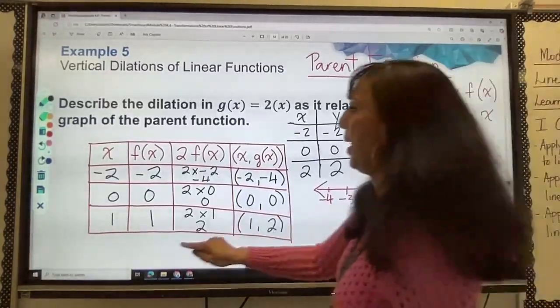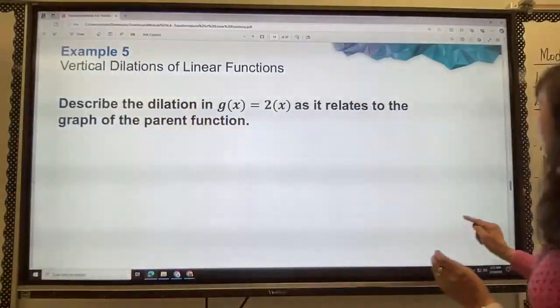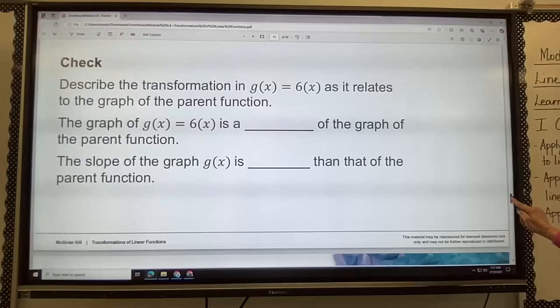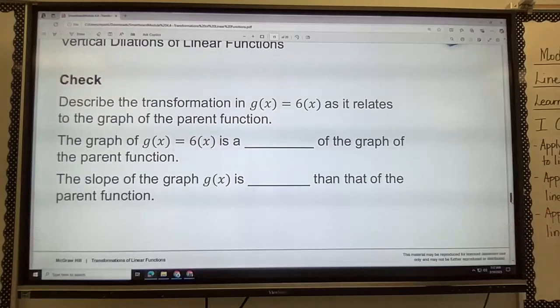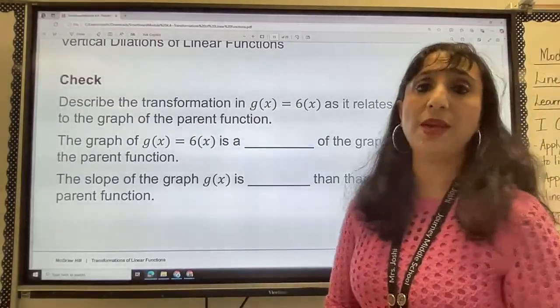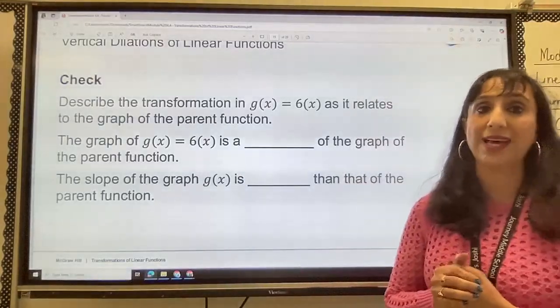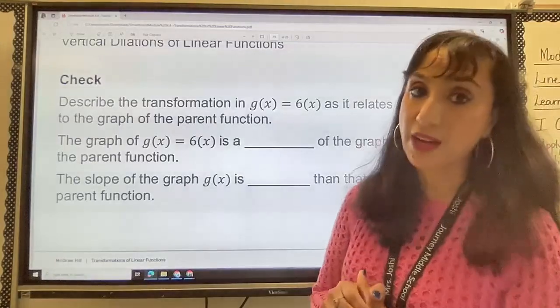All right, so now let's talk about this one really quick. It's saying describe the transformation. We are again still on vertical right now. So describe the transformation in g of x is equal to 6x as it relates to the graph of the parent function.